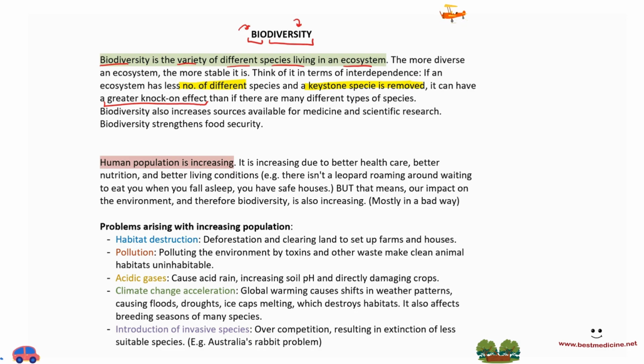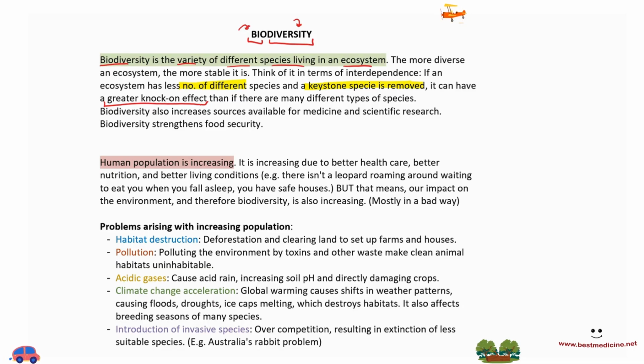For example, if you remove the most common plant from an ecosystem, then most of the primary consumers that live in that ecosystem are feeding on that plant, and they would also be removed, affecting not just primary consumers but secondary as well as tertiary consumers and so on.